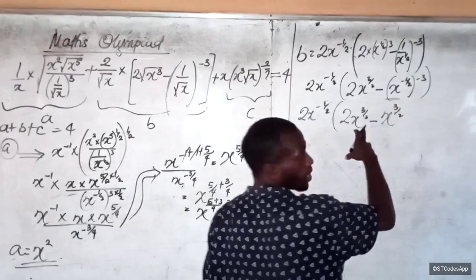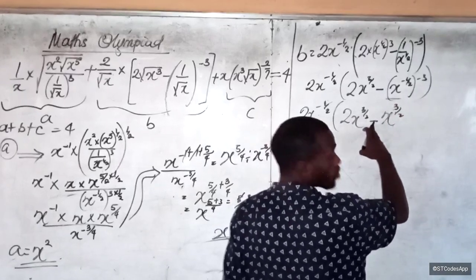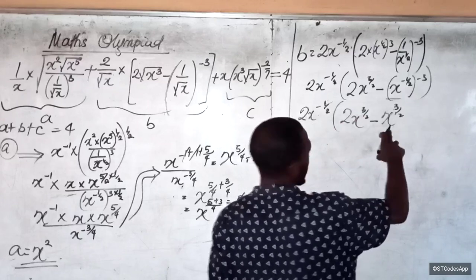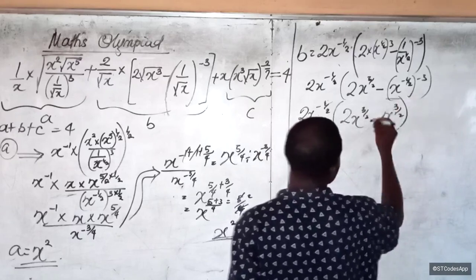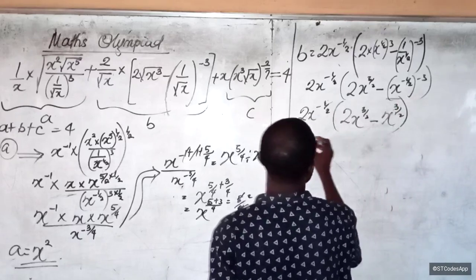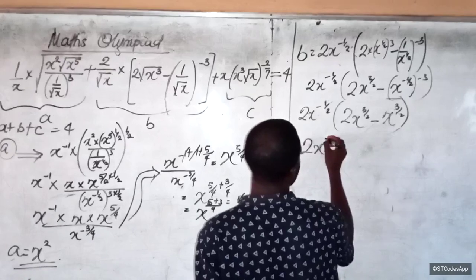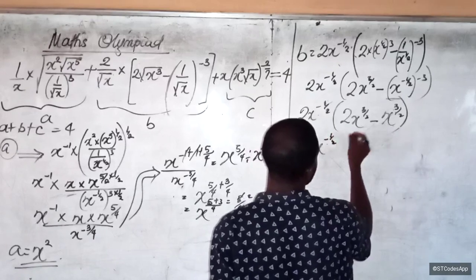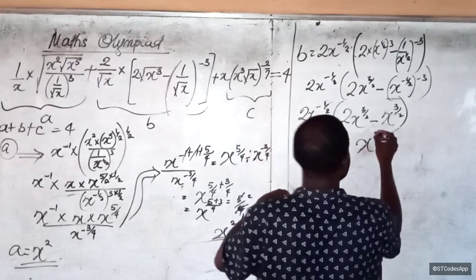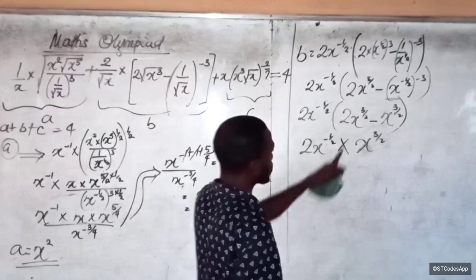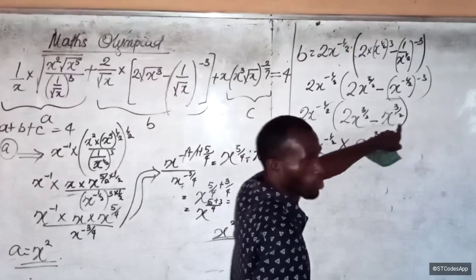This x raised by 3 over 2, and this 2x raised by 3 over 2 minus x raised by 3 over 2, 1x raised by 2 over 2. So this subtracts this. We're going to have 1. So we're going to have 2x raised by minus 1 over 2, times this minus this gives us x raised by 3 over 2. This is 2 of this minus 1 of this.